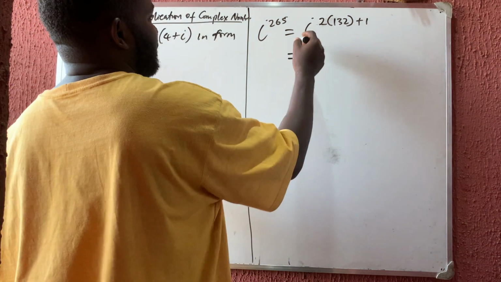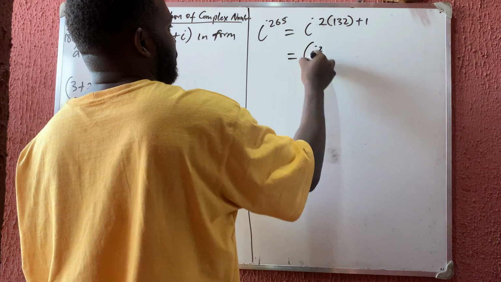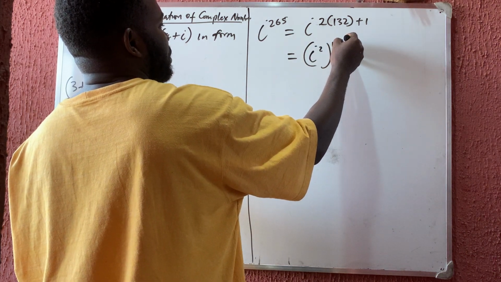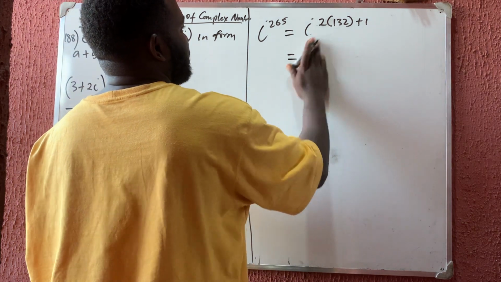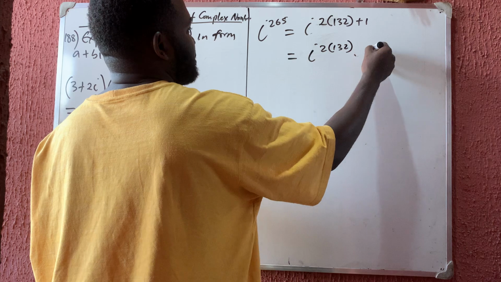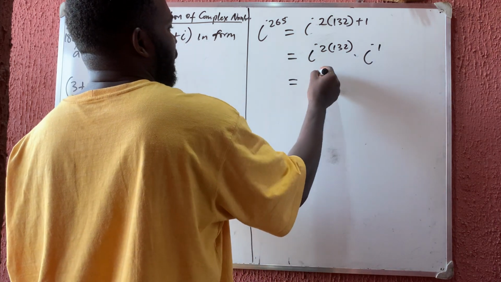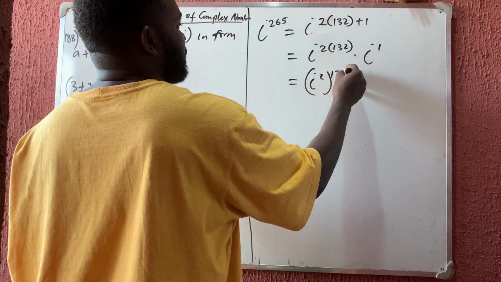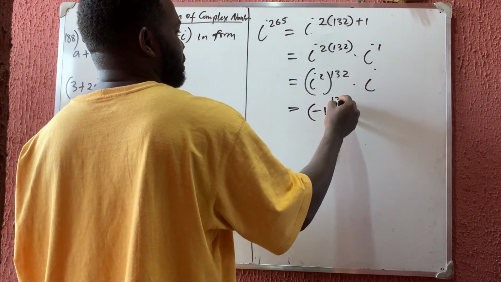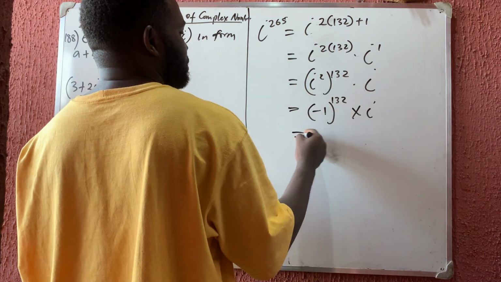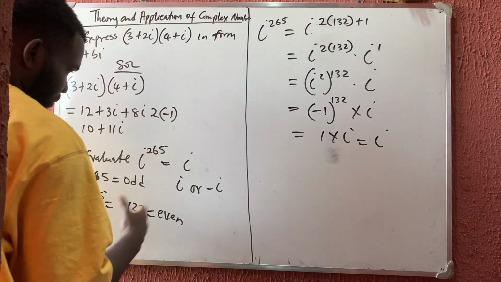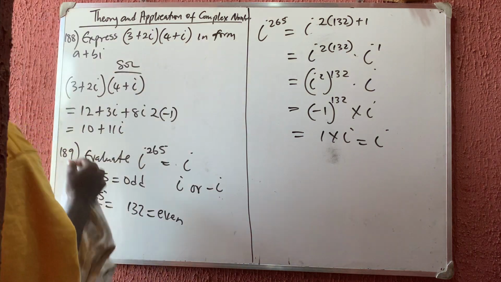So you now have that this is i squared all raised power 132. Let me show it. i raised power 2 into 132 times i raised power 1, which is i squared all raised power 132 times i raised power 1. i squared is minus 1, all raised power 132, times i, which is equal to 1 times i, which is equal to i. So the same answer that I got here.